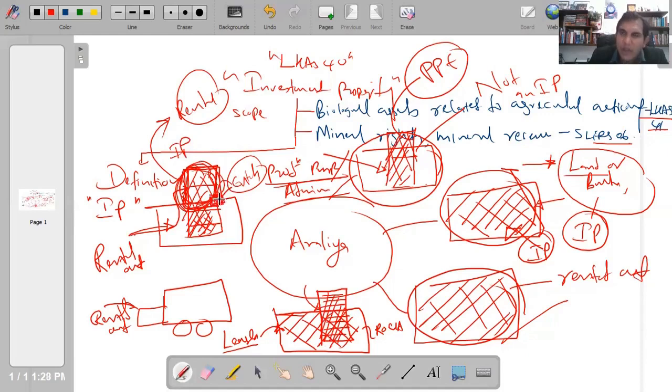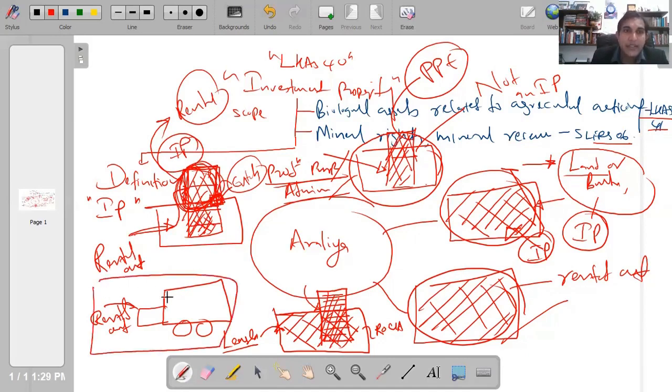This small space, how are you going to recognize it, as investment property or property, plant and equipment? The standard clearly mentioned that this is an insignificant space compared to the entire two stories. Therefore, the entire premises inclusive of this small premises could be identified as IP, investment property. I hope you understood that.